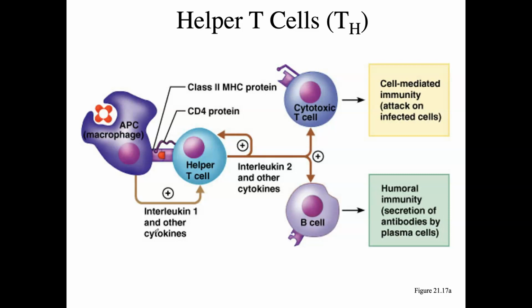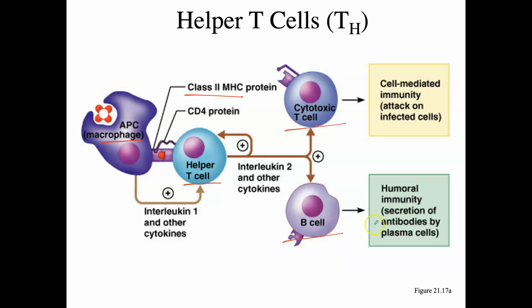So in this particular diagram, we can see that an antigen-presenting cell is presenting to the helper T cell using the class 2 MHC. And the helper T cell, by utilizing interleukins, chemical signals that communicate with white blood cells, can activate both the killer T cells, the cytotoxic T cells, or can activate the B cell lineages.